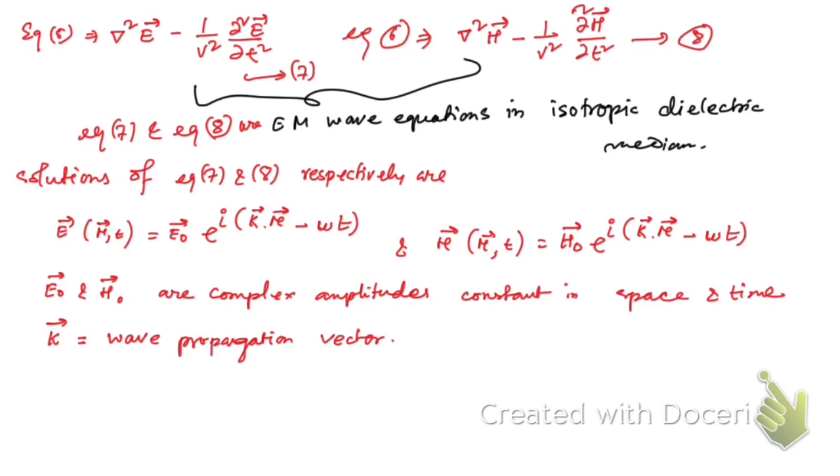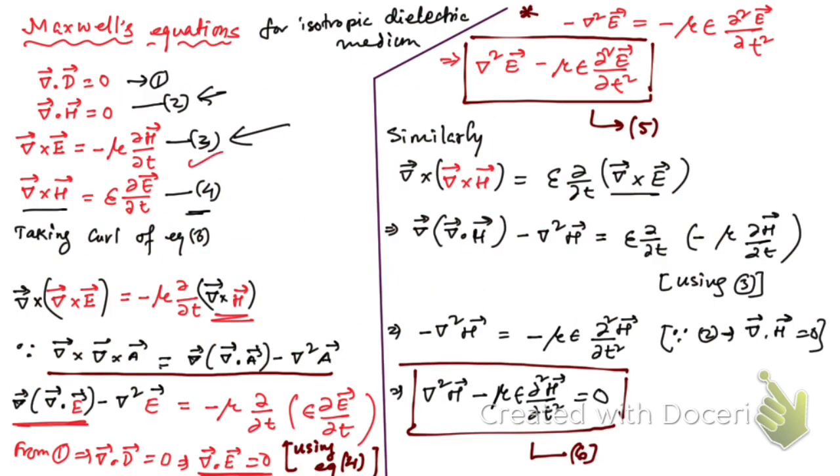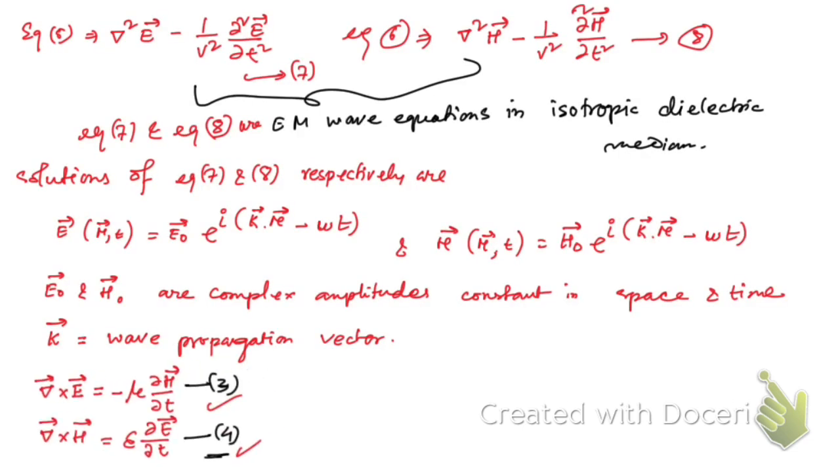Now let me take equation number 3 and 4. So what were those? Here you see equation number 3 and equation number 4. Now let me copy these equations and let me go to the last slide again. Sorry, these are the equations. Just give me a second. Let me take a new slide. Okay, just wait.